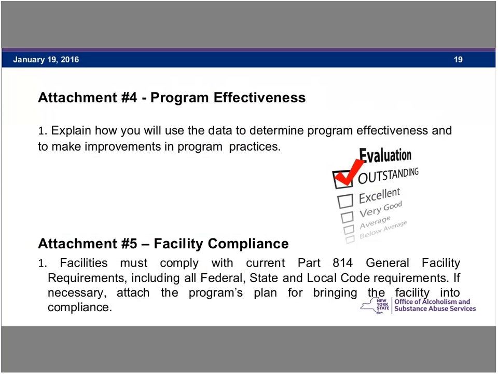Now, we're moving on to those required and preferred components. There is another attachment that you will have, and it will be program effectiveness. In program effectiveness, you will explain how you will use the data to determine program effectiveness and to make improvements in program practices.